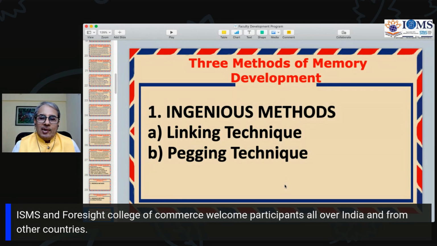For example, in my example, where my students went from 1 to 30 objects, they were able to tell you number 15, number 23, in reverse and forwards. But in the linking technique, the jungle series, if I ask you what is the 10th object, you will not be able to remember, because that particular technique does not teach you numbers and memory.